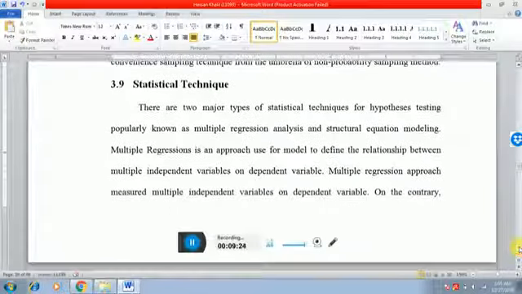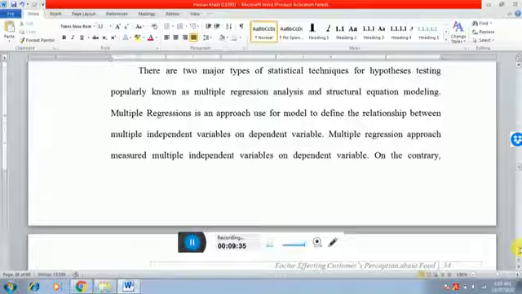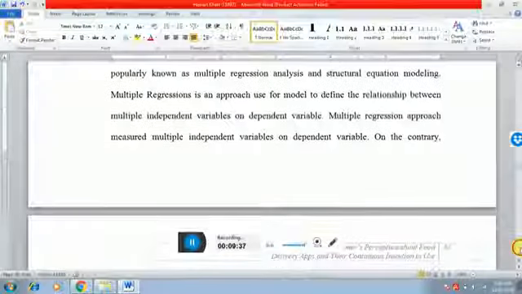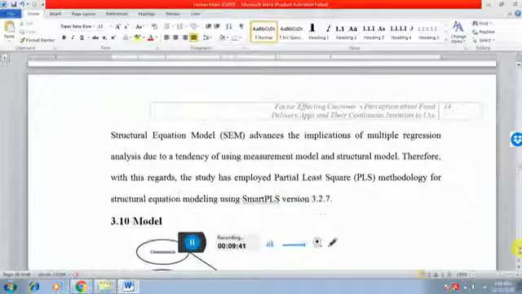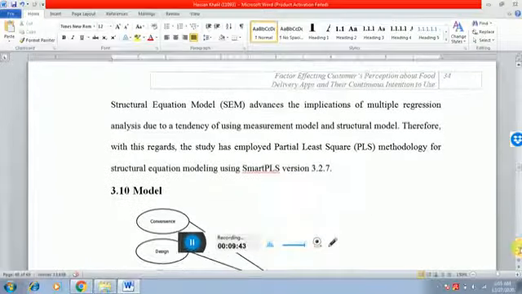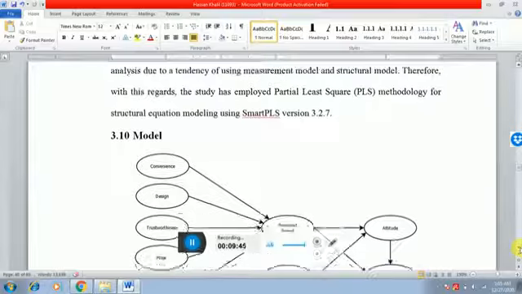In this heading, you have to clearly tell what technique you are going to use. In your case, your technique should be PLS-SEM, so you have to explain why you are using PLS-SEM. You have to defend it. What is the benefit of using PLS-SEM? In this heading you have to write it with citations.